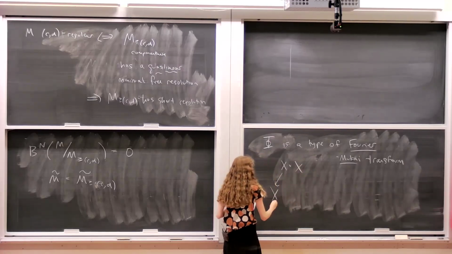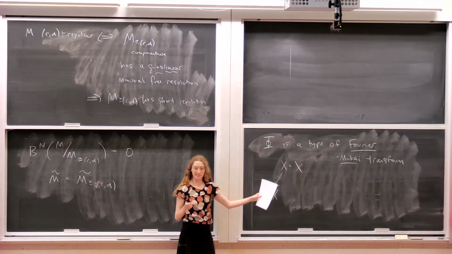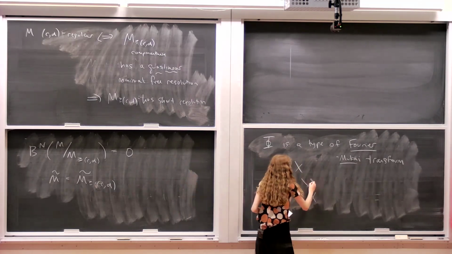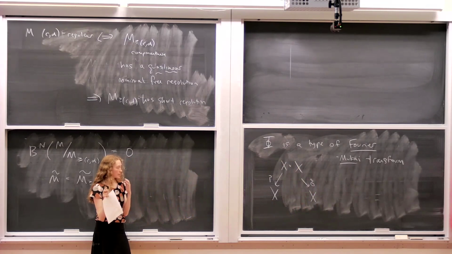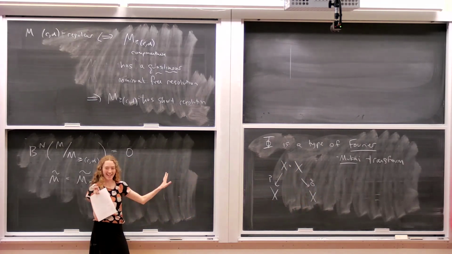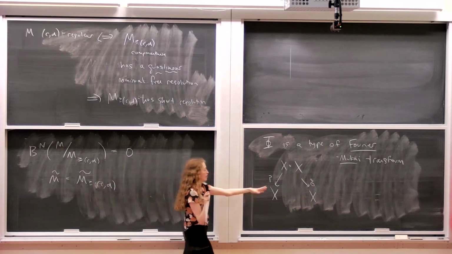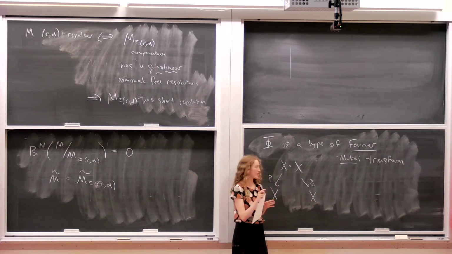So what we're going to do is take our toric variety and take the product of it with itself. There are two projections. And the genius of this plan is that if you want to get short virtual resolutions for all sheaves on X, it's enough to resolve one sheaf on X × X, namely the structure sheaf of the diagonal.